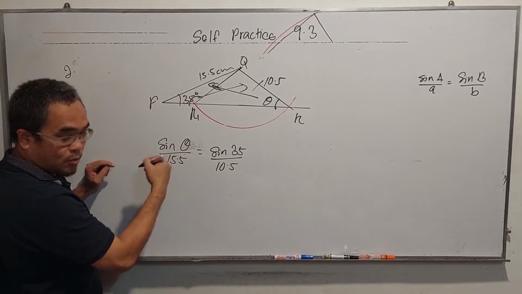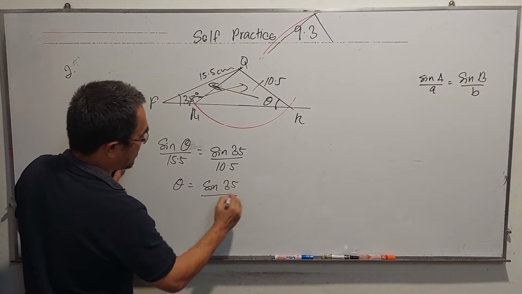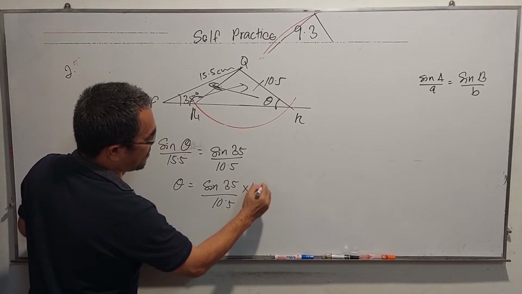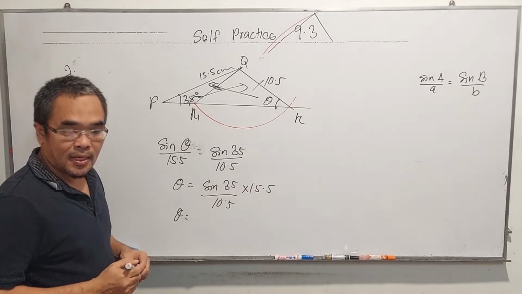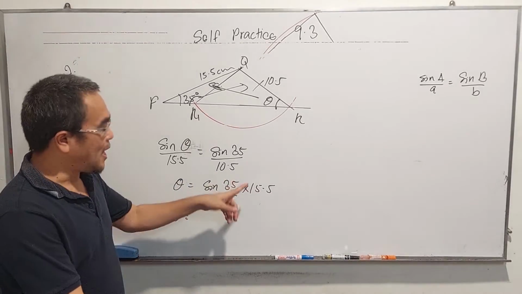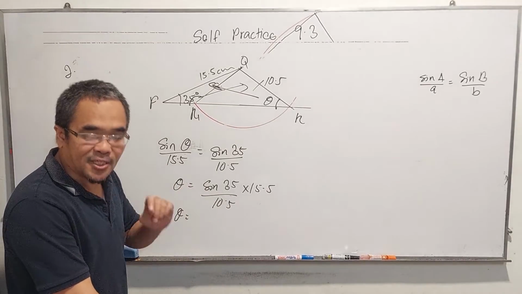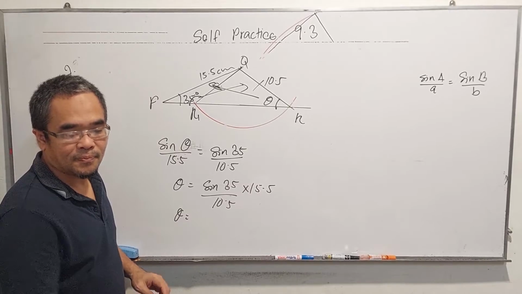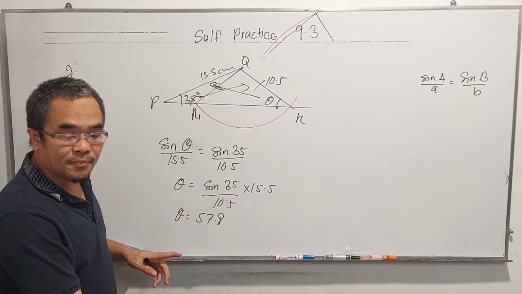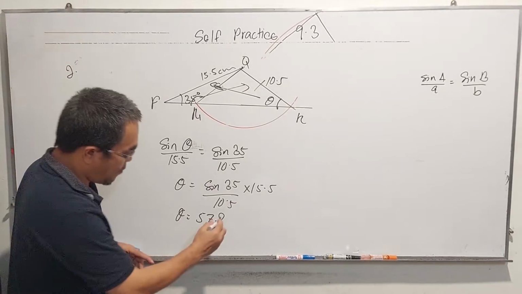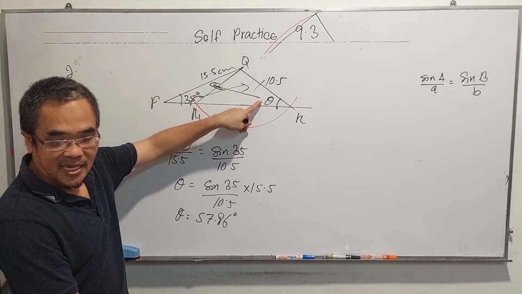So you calculate just like the other day: sin 35 times 15.5 divided by 10.5, you get an answer, and then press shift sin. 57.855, round to 2 decimal places, 57.86 degrees.